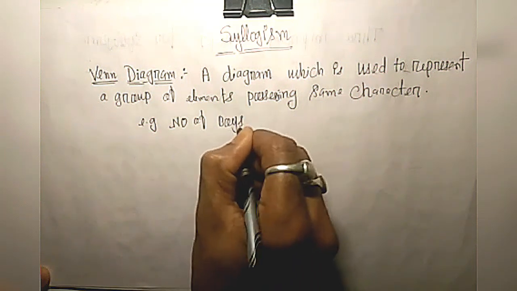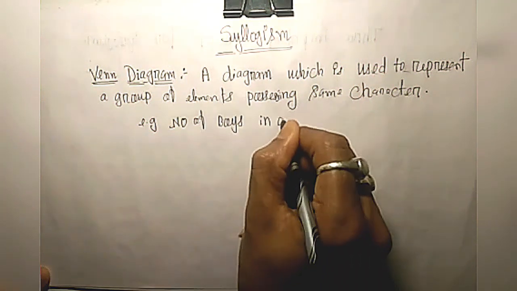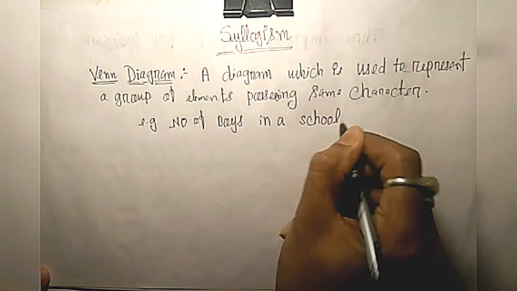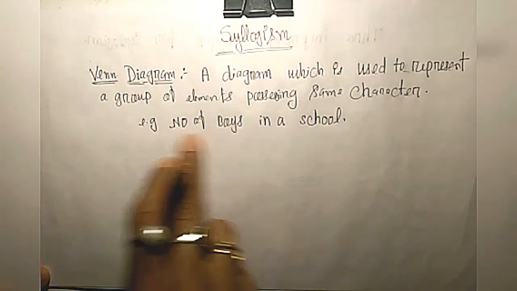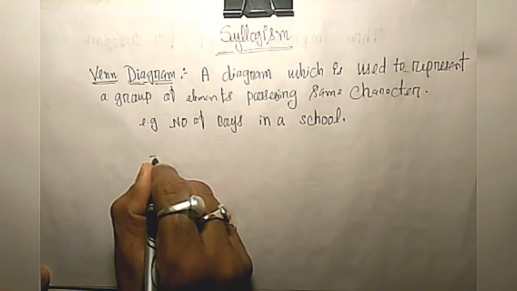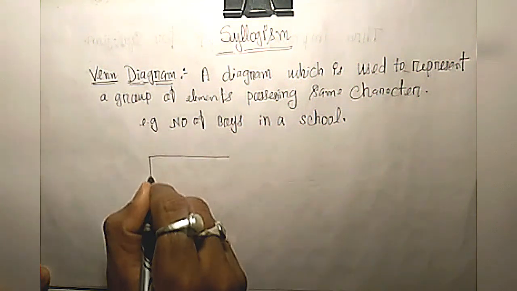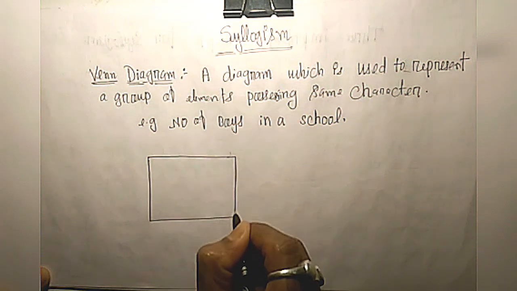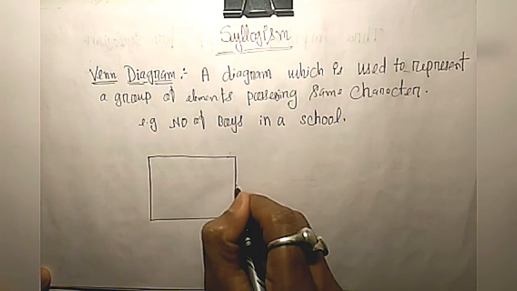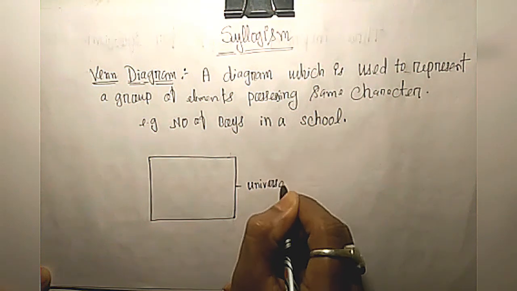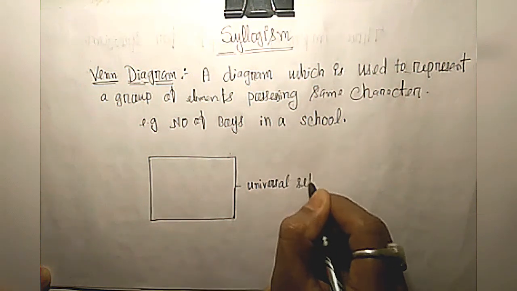So for example, the number of boys in a school. How can we represent it? In a Venn diagram, we start with a rectangle. A rectangle represents the largest group, the universal set.